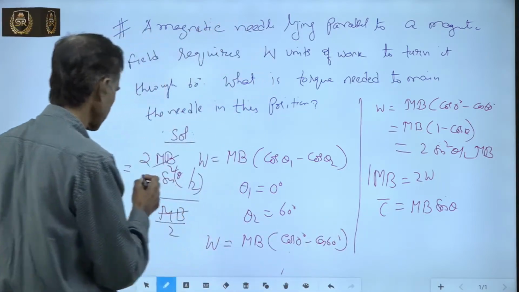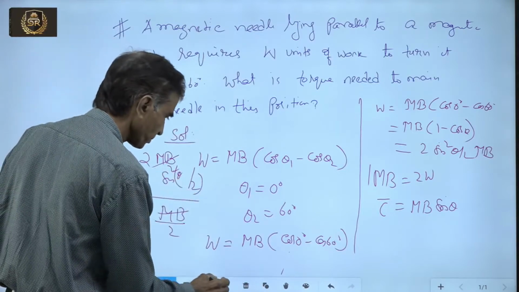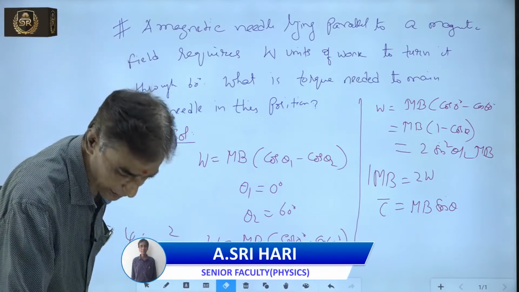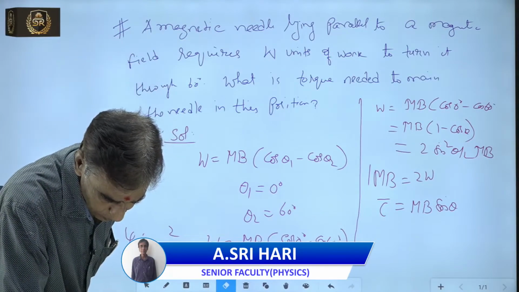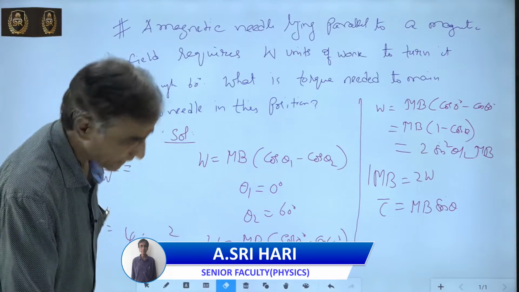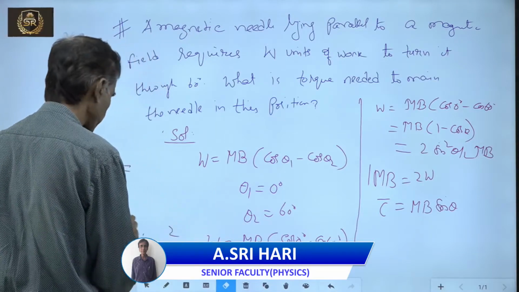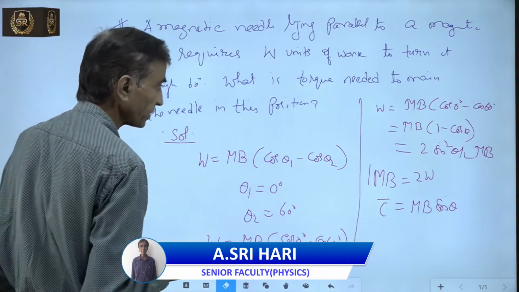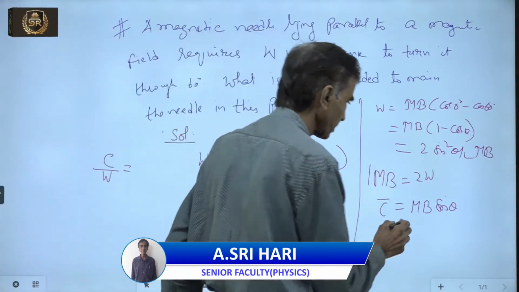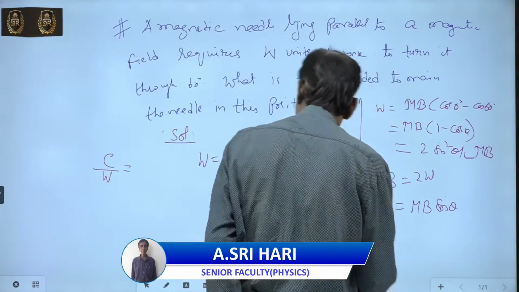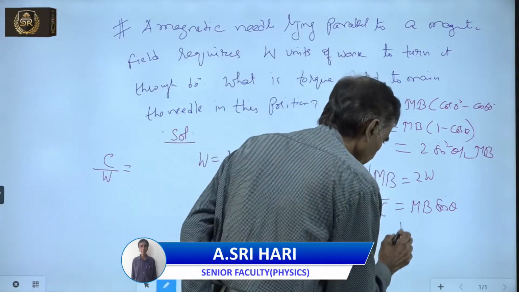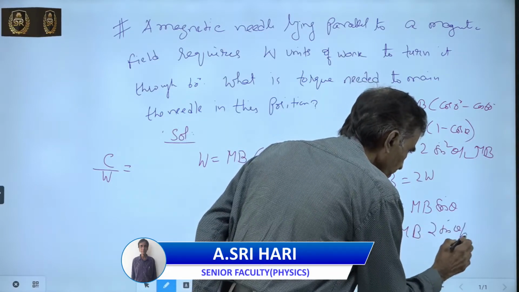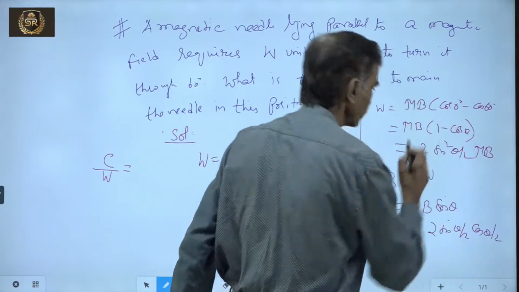Therefore, here we can write another simplified form. Now we will write MB again in simplified form. Here we will write MB into 2 sin theta by 2 cos theta by 2.